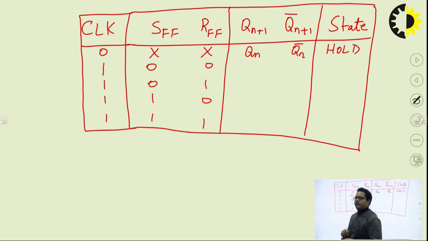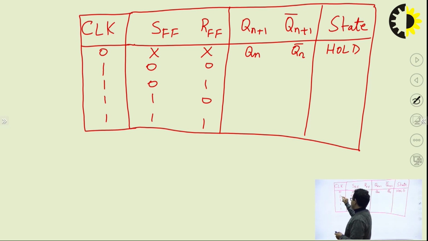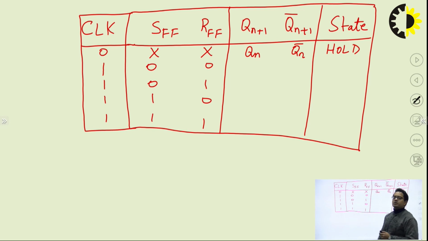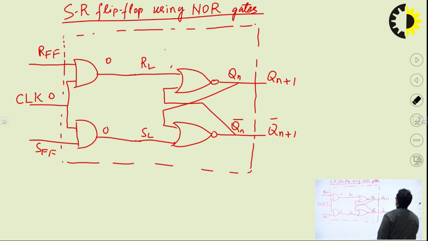So we have understood the first combination. Now the next: the moment we are applying a clock, how is your entire flip-flop circuitry going to respond? So now we will start with the second combination, that is for clock 1 and with the input 0 0, what is the state of the flip-flop. So let us see that combination. We will first try to erase the past combination.